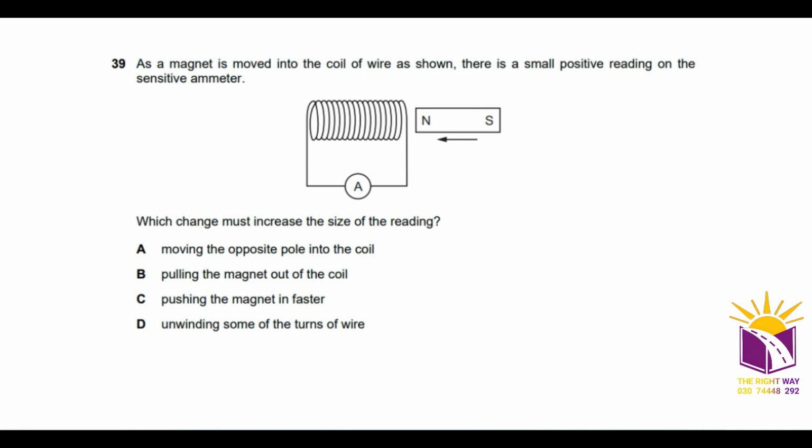Question number 39. As a magnet is moved into the coil of wire as shown, there is a small positive reading on the sensitive ammeter. Which changes must increase the size of the reading?